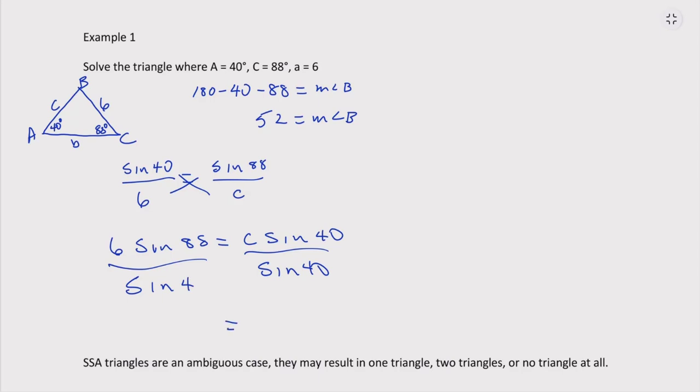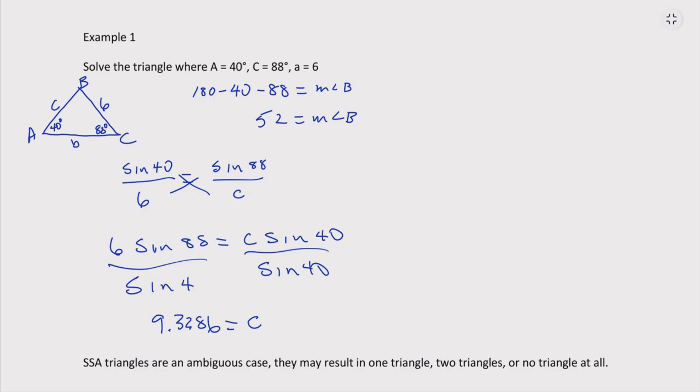And so we get c is equal to, now plug that into your calculator, and make sure you read your directions on your homework on what to round to. I'm just going to go ahead and throw this in at 4 decimal places, so 8.3286, just to stay as accurate as I can.